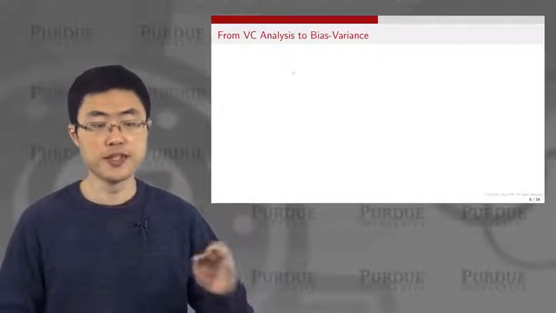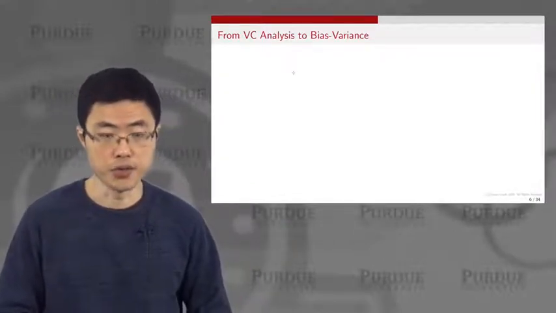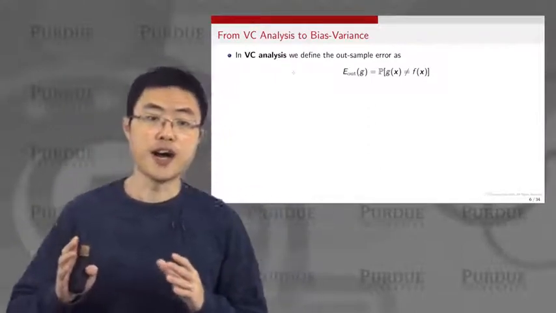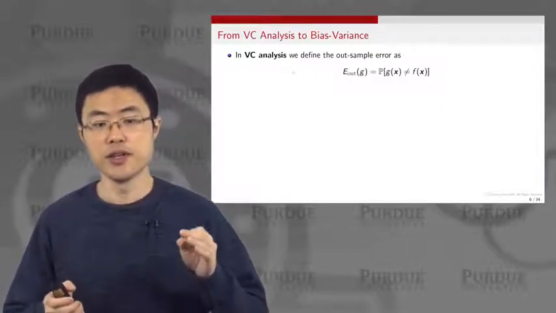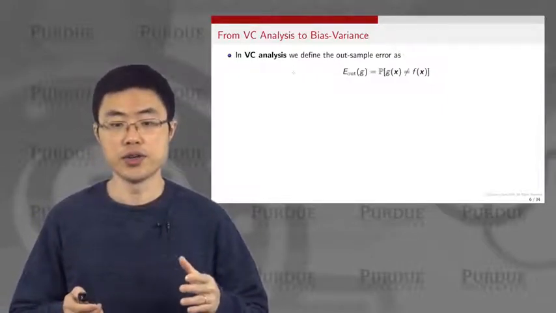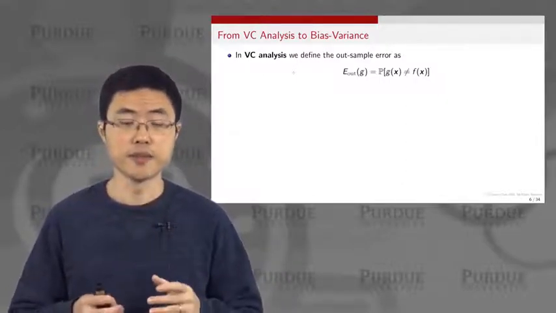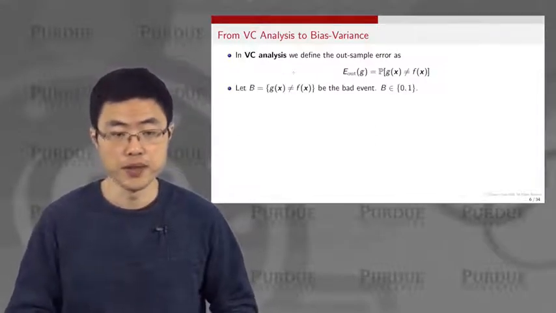So let's go from the VC analysis to the bias and variance analysis using a few equations. In the VC analysis, we define the out-of-sample error as the probability that your final hypothesis g(x) is not the same as your target function f(x).